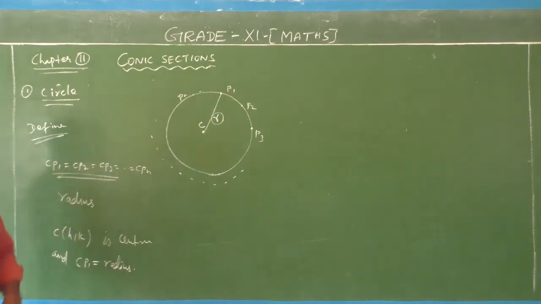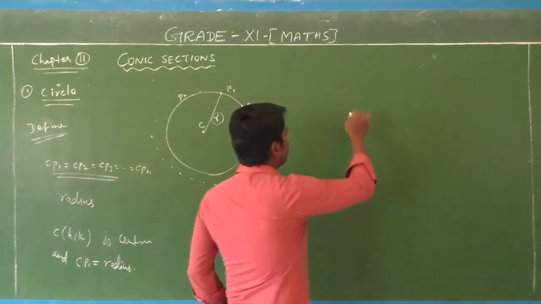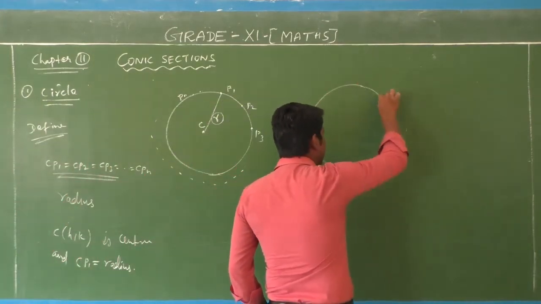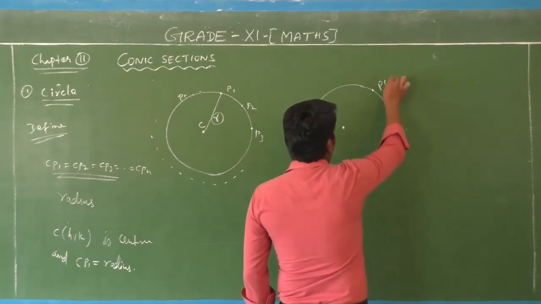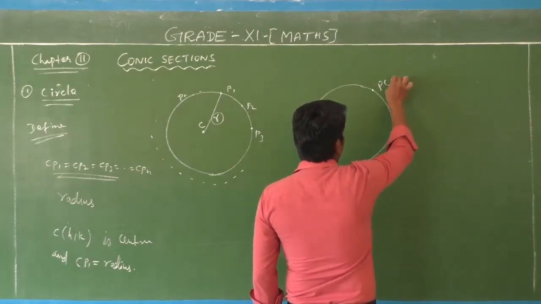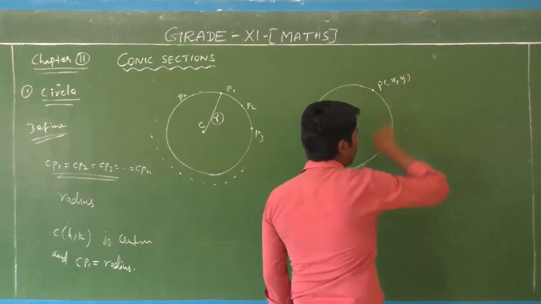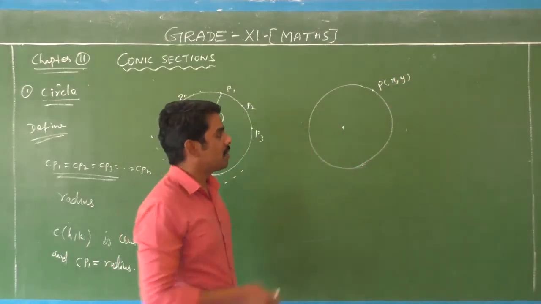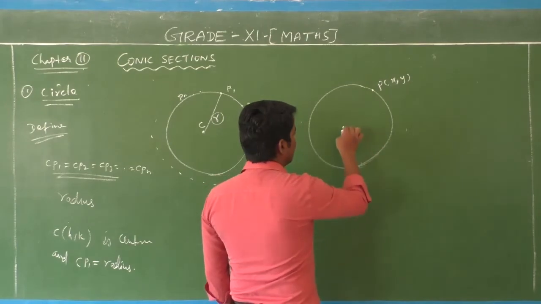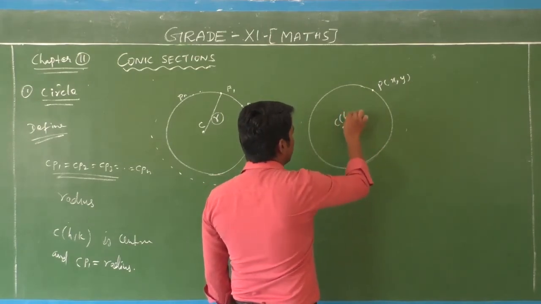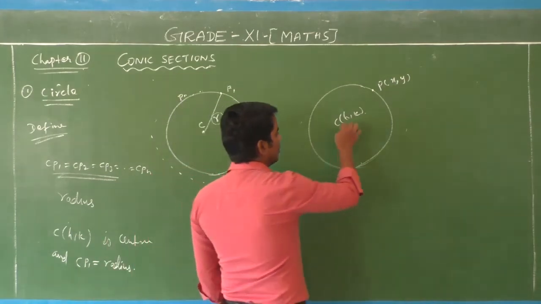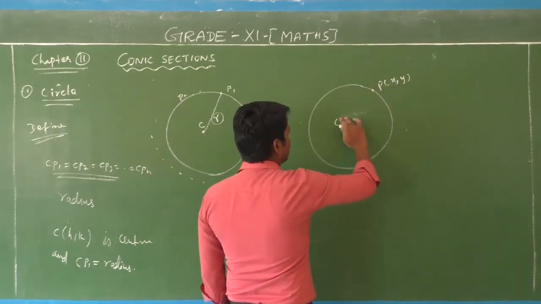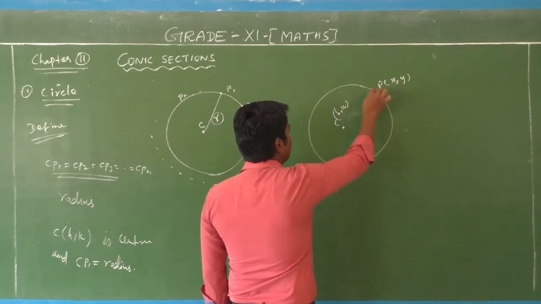Okay, right. Generally, let us take any one point on the circle, the point x comma y. The center is C, which is H comma K. Then find the distance between the two points.